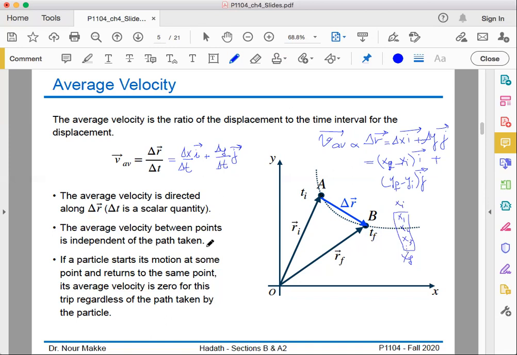And finally, if a particle starts its motion at some point and then returns to the same point, then its average velocity is 0 for this trip, regardless of the path taken by the particle.